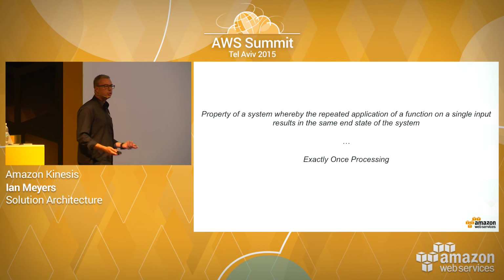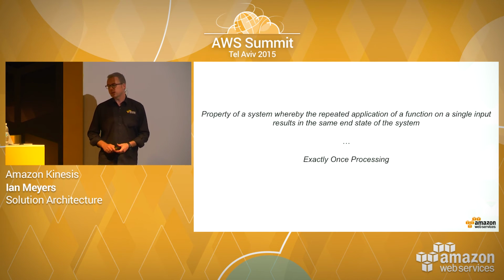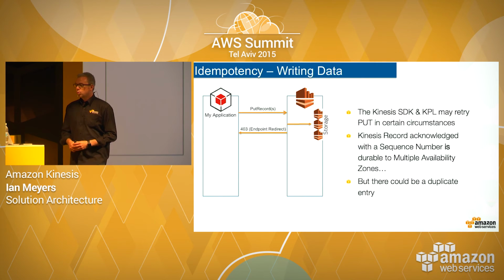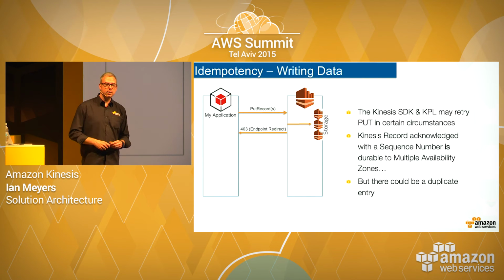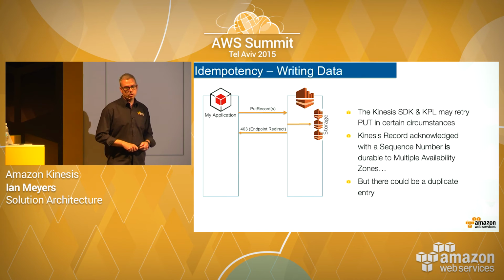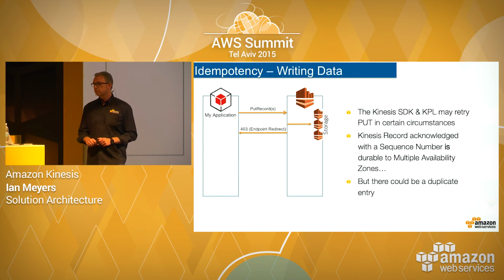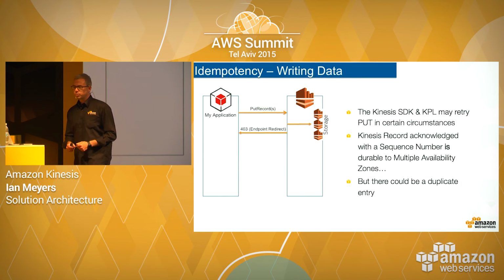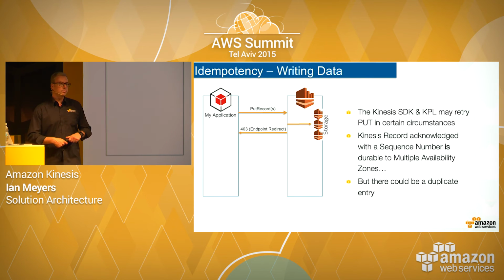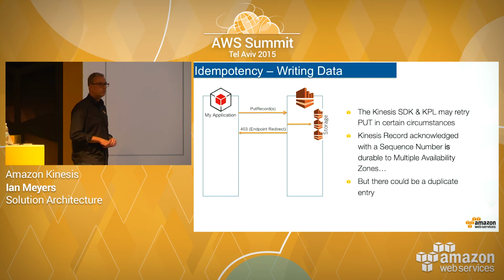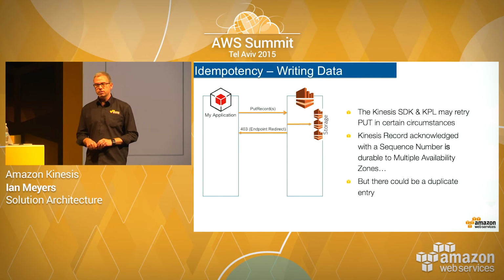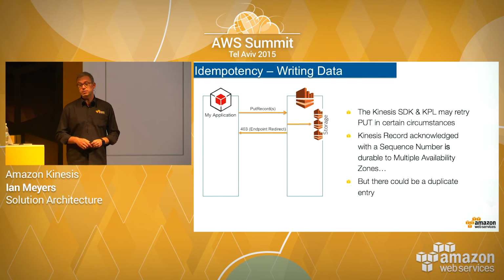So what does this actually mean in practice, and how does it relate to Kinesis? Well, because Kinesis is a distributed system running across multiple availability zones, it is possible that in certain conditions, the client that you're using to push data into Kinesis may retry an event.